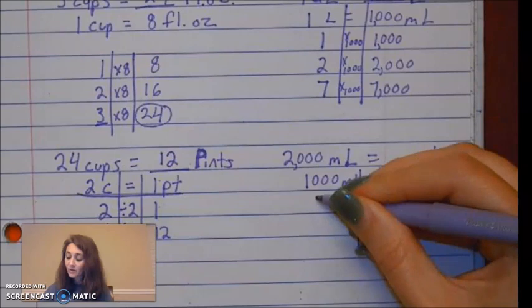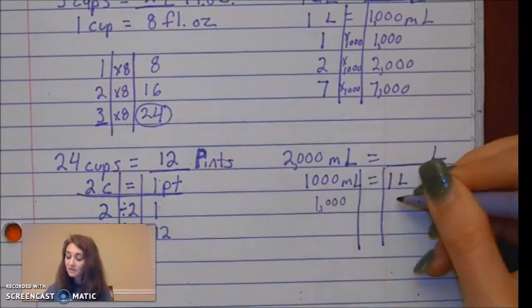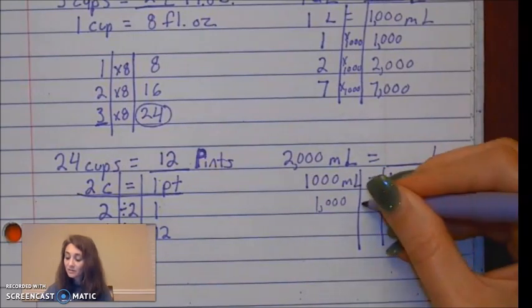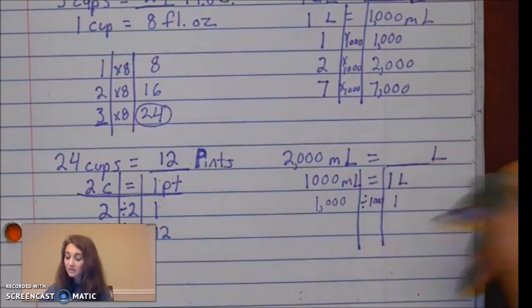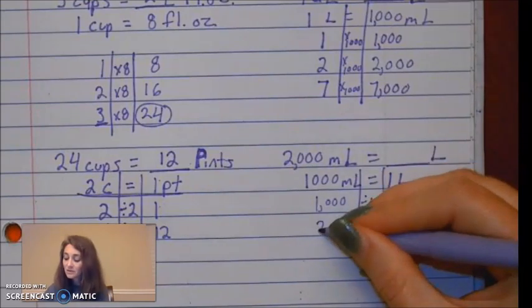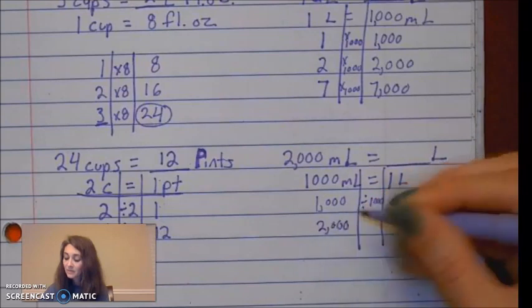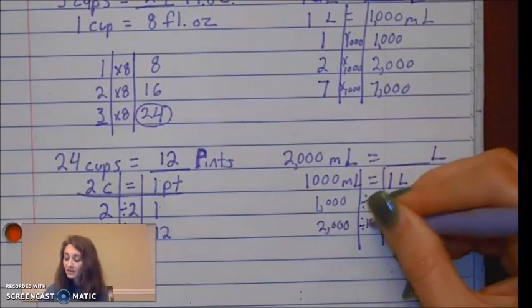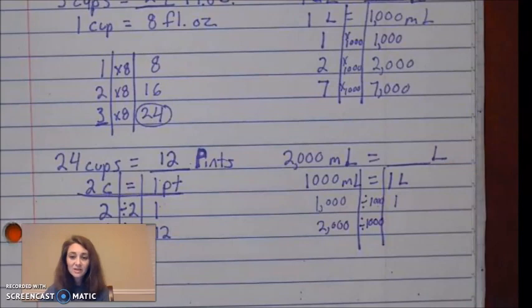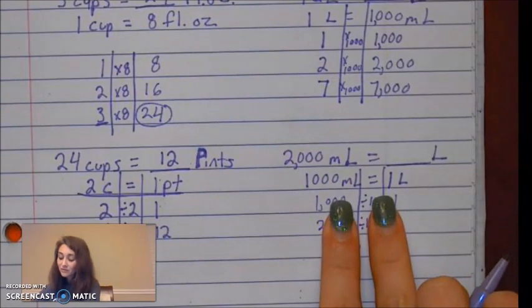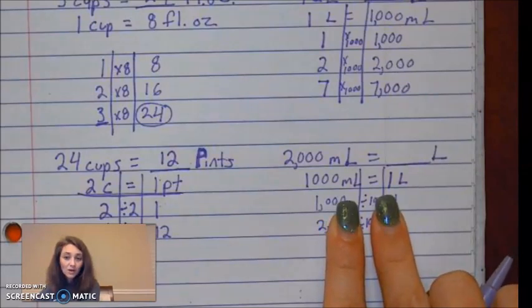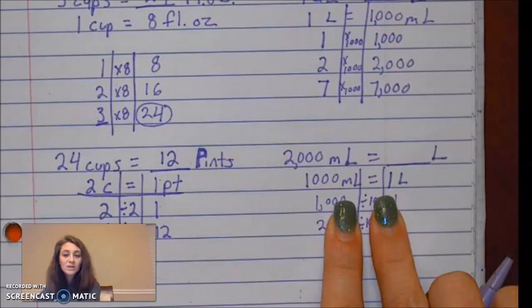I want to get from 1,000 to 1. So I'm going to divide by 1,000. Now I want to think, if I've got 2,000 and divide it by 1,000, well, Miss H, you didn't teach us how to do that, but I did teach you that you can cover up your zeros and just ignore them for a minute. So you've got 2 divided by 1. 1 times what gives me 2? 2.